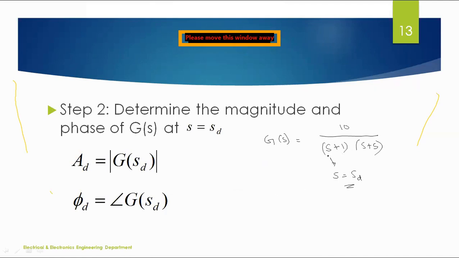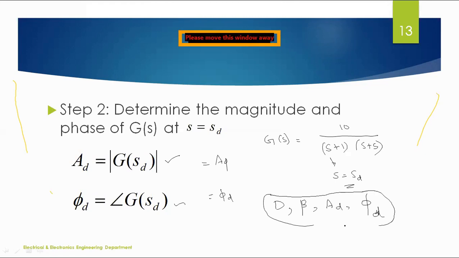After replacing S equal to SD, I calculate the magnitude of G of SD, which I denote AD, and the phase of G of SD, which I denote phi D. So now I have four values: D, beta, AD, and phi D. Using these four values, I'm going to find KP, KI, and KD.